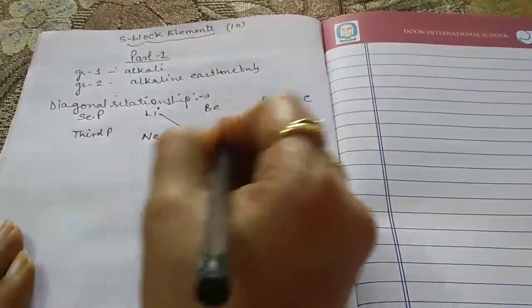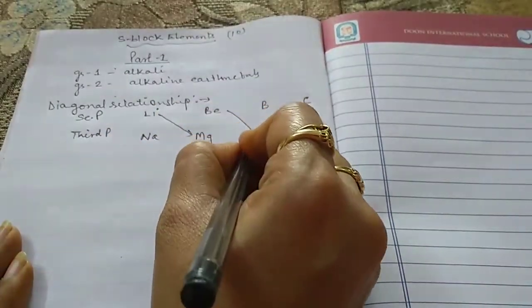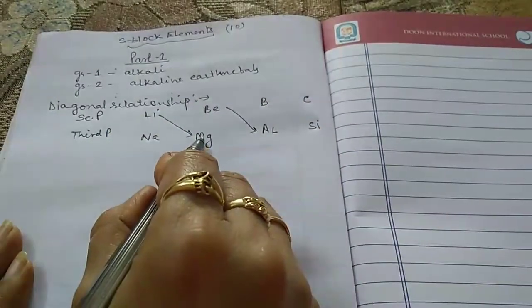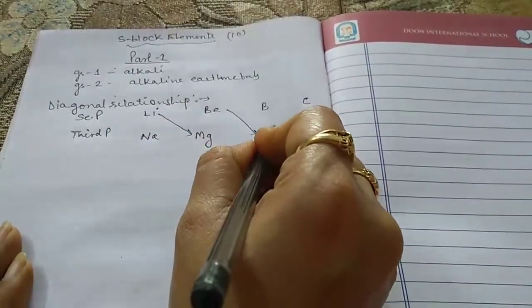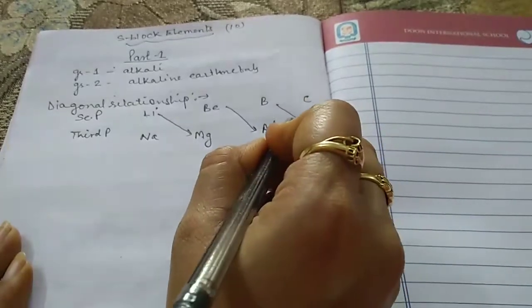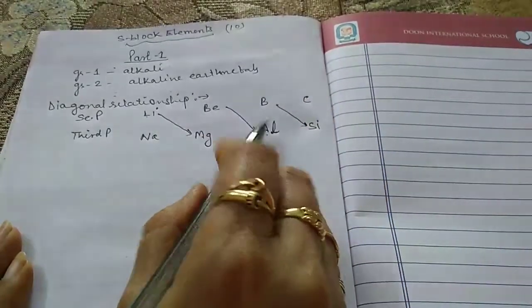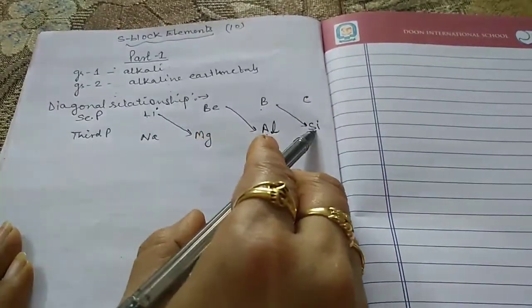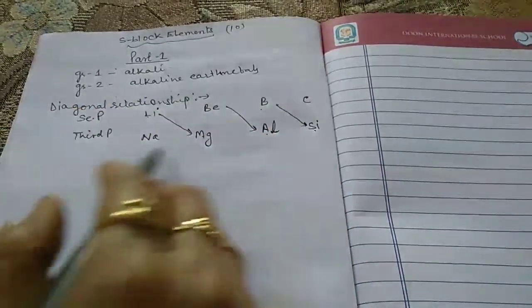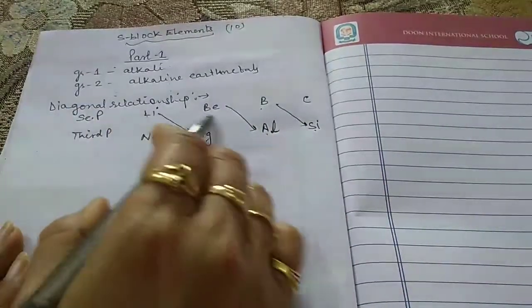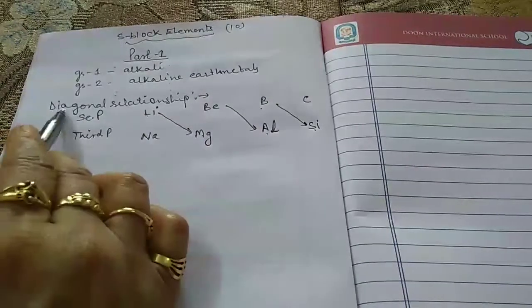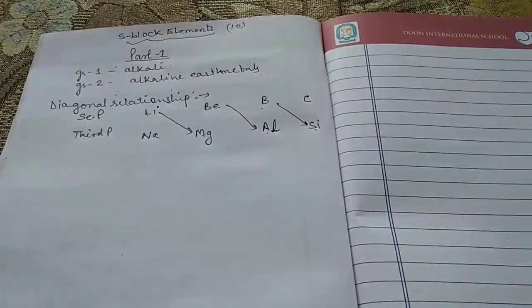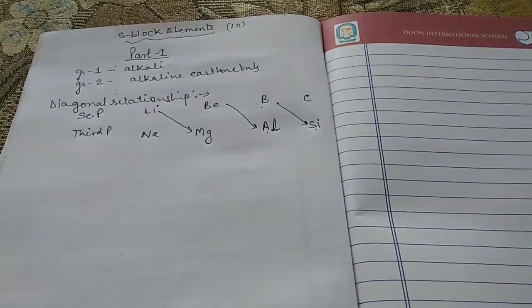So the properties of lithium resemble magnesium, the properties of beryllium resemble aluminum, and the properties of boron resemble silicon. So they are diagonally similar. This relationship is known as the diagonal relationship.